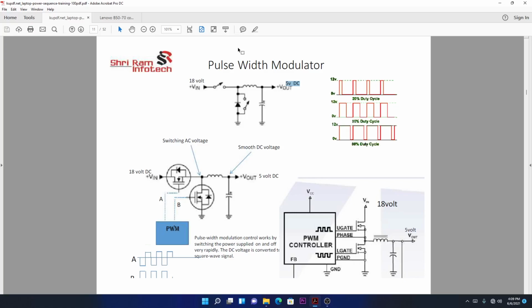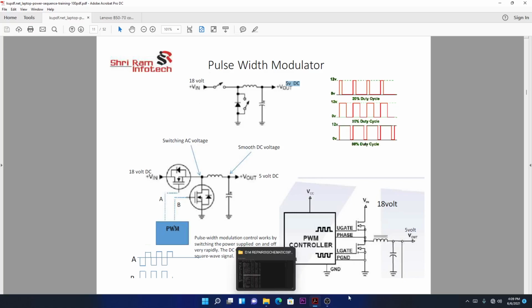And again, here you don't want to put a P channel MOSFET. You have to put an N channel MOSFET, because not only do we want voltage, we also want current. Because this is how it works.